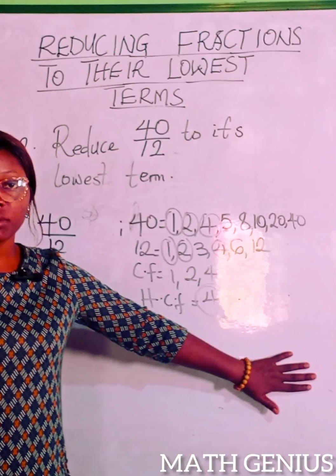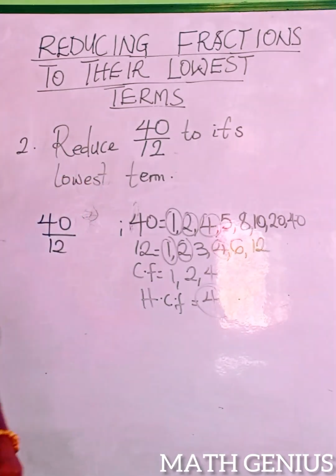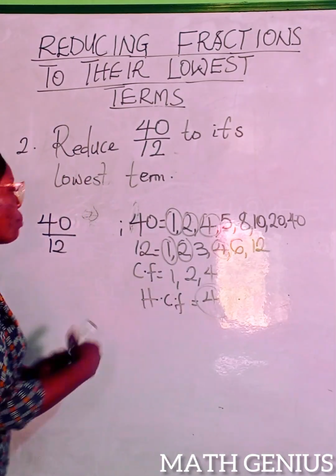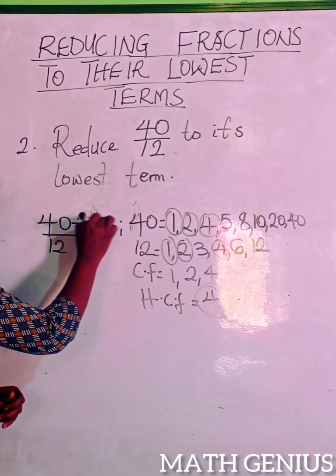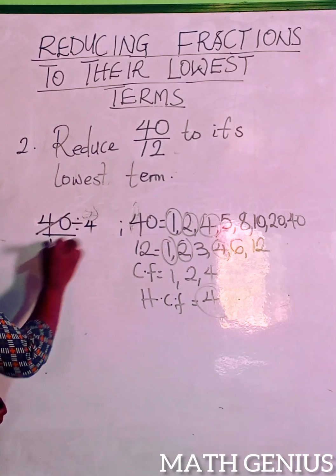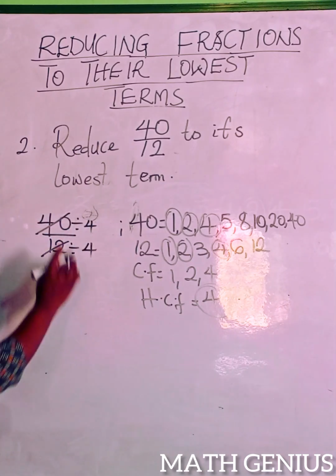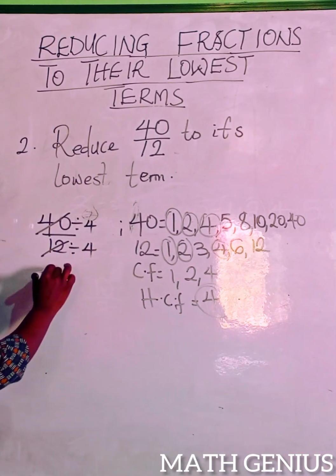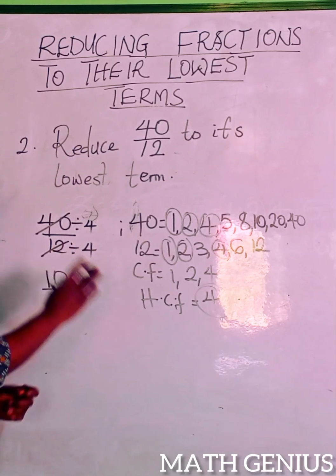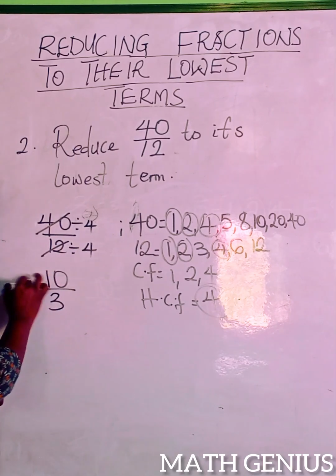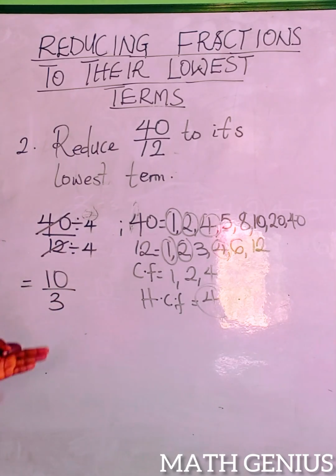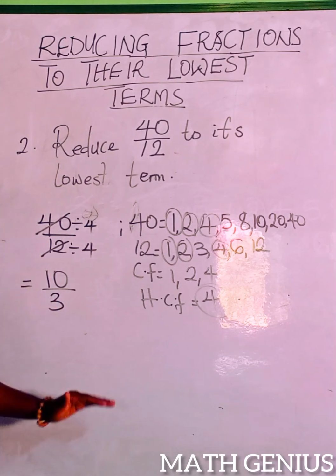So if you're having issues with this, just drop it as a comment and we'll see how we can come over this someday. All right, so our highest common factor is 4. It means 4 can go into 40, and 4 can also go into 12. 40 divided by 4 is 10. 12 divided by 4 is 3. This is still an improper fraction. Like I said to you, reducing an improper fraction does not mean you have got to the last part of your working.